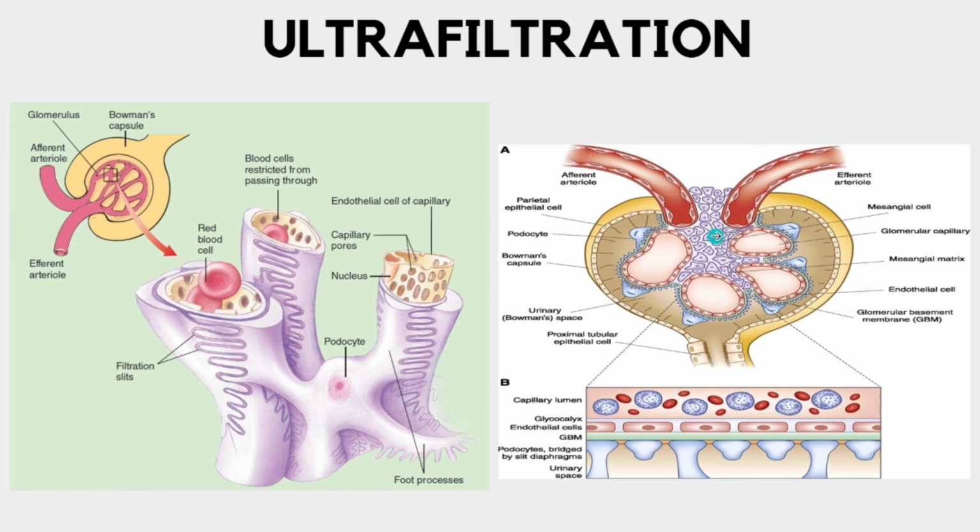The capillary wall in the glomerulus is made up of a layer of endothelial cells containing many pores. You can see here, this is the glomerular capillary, and it is covered by endothelial cells. In the endothelial cells, there are many pores.